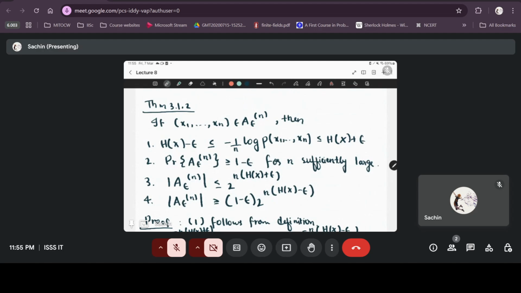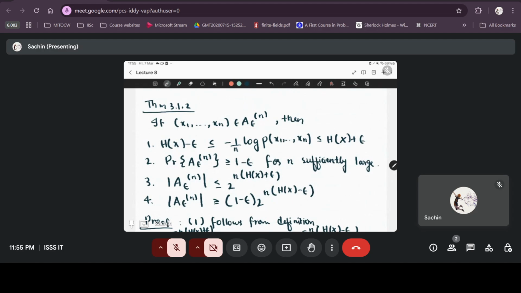And also, we gave bounds on the size of the typical set. It's upper bounded by 2 power n (H of X plus epsilon) and lower bounded by 1 minus epsilon times 2 power n (H of X minus epsilon). So the cardinality is between these two bounds, so you could say it is approximately equal to 2 power n H of X. So there are approximately 2 power n H of X sequences.